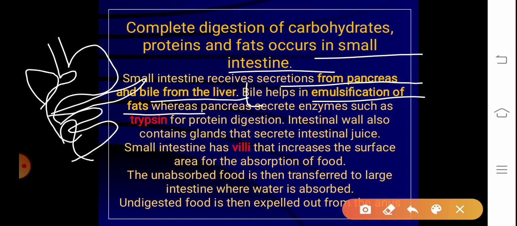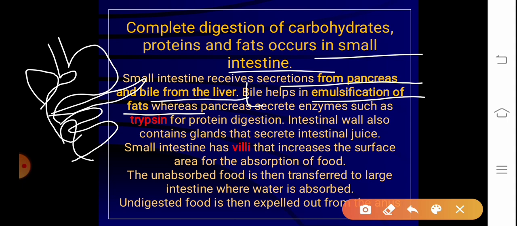What is meant by emulsification? It is the breaking down of larger fat globules into smaller ones. This is what we call emulsification, and it takes place with the help of bile salts.